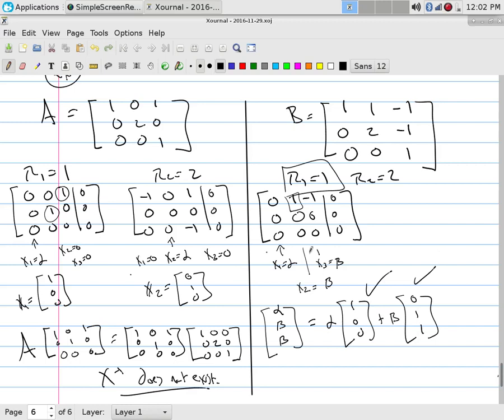So the first time it occurs, we would pick the first; the second time it occurs, I'd pick the second. And so what we would say is, lambda 1 equal to 1 has x1 equal to 1, 0, 0, and lambda 3 equal to 1 has x3 equal to 0, 1, 1.